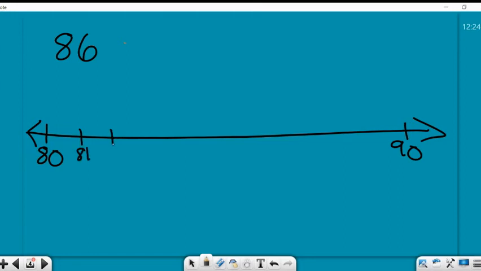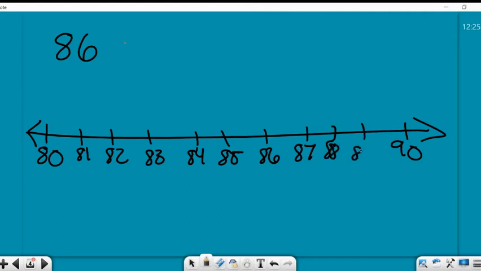81, 82, 83, 84, 85, 86, 87, 88, and 89. So I'm looking at the number 86.